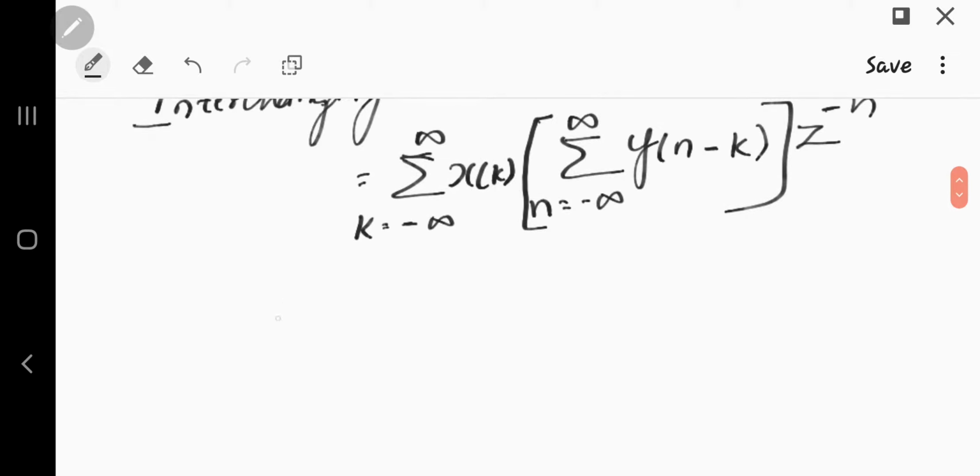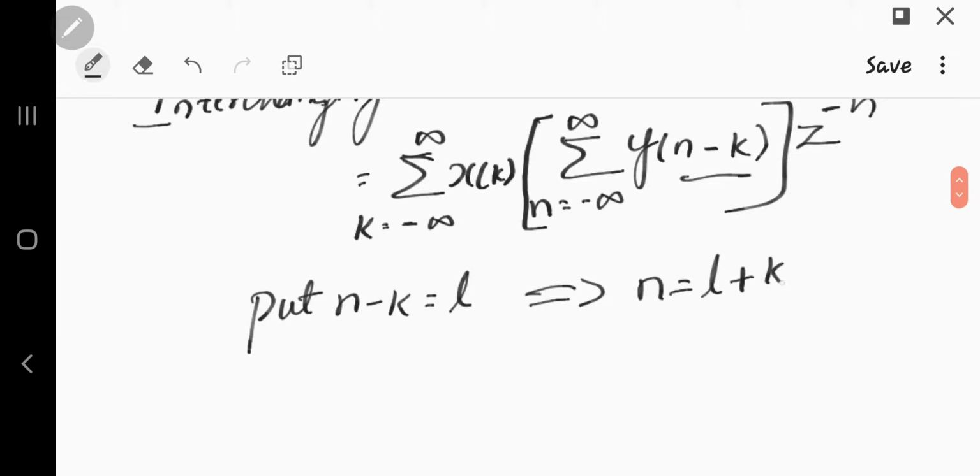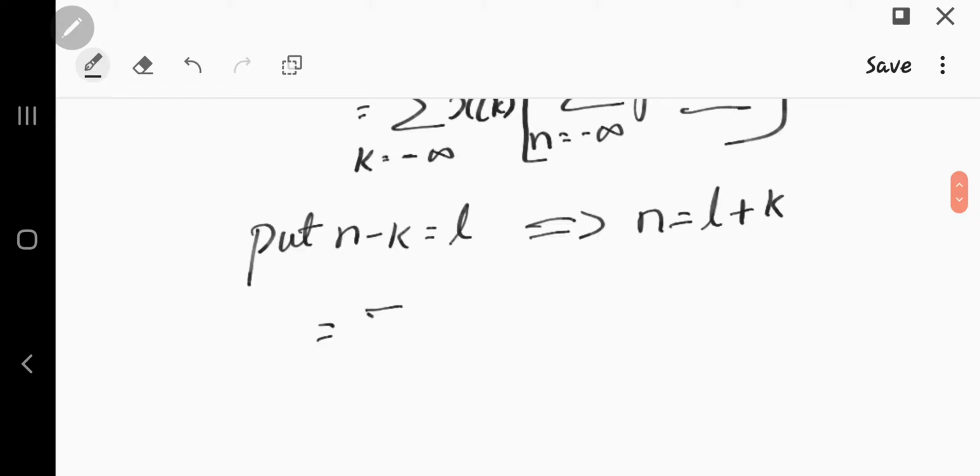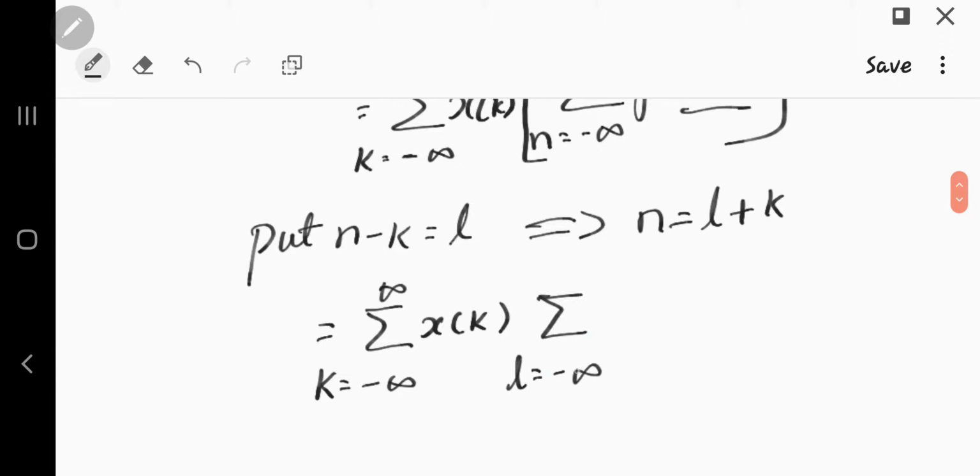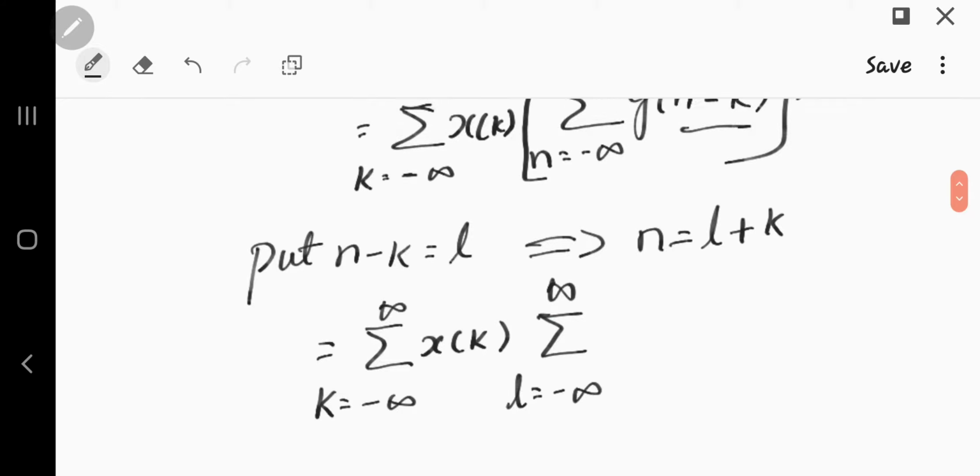Now in this term, let's replace this n minus k with some other alphabet. So put n minus k is equal to L, that gives n is equal to L plus k. So summation k is equal to minus infinity to plus infinity x of k, and here summation, this n will change from L is equal to minus infinity to plus infinity.